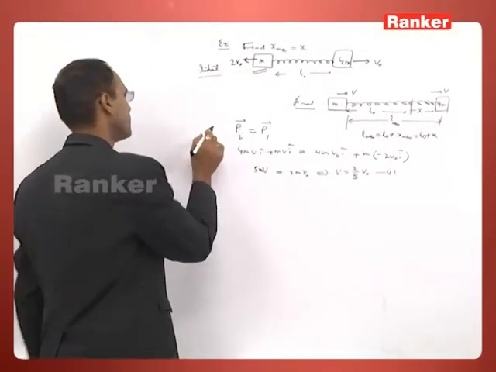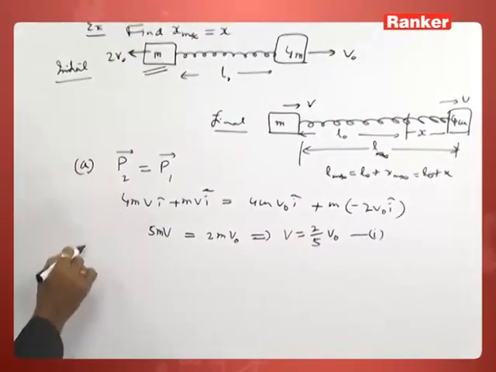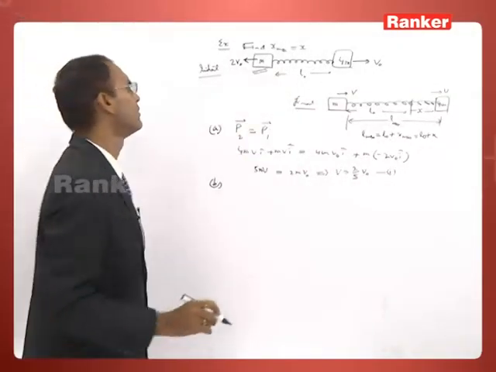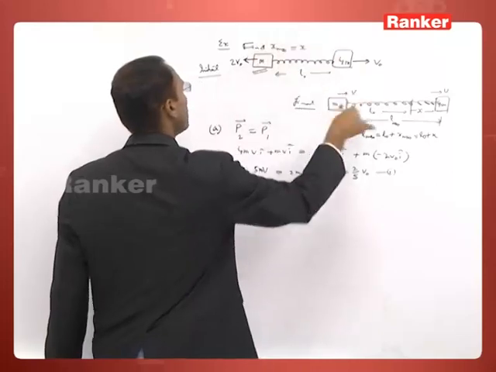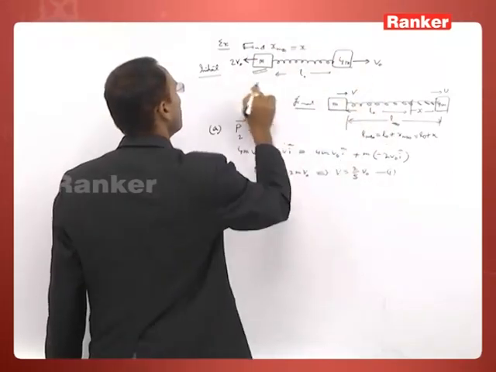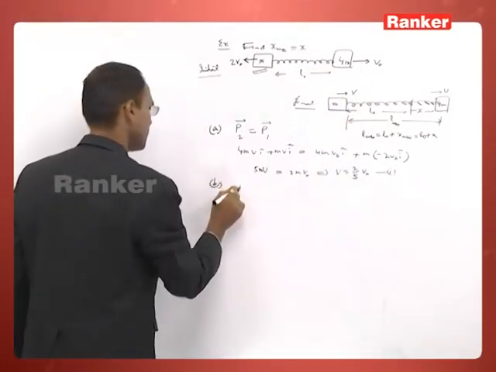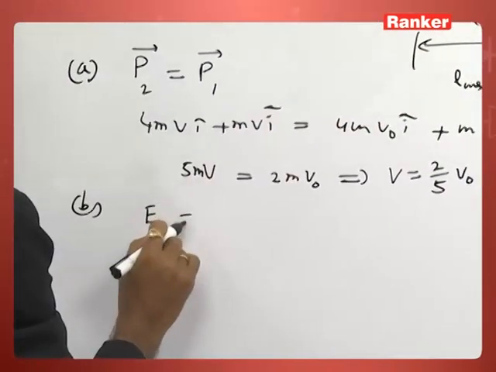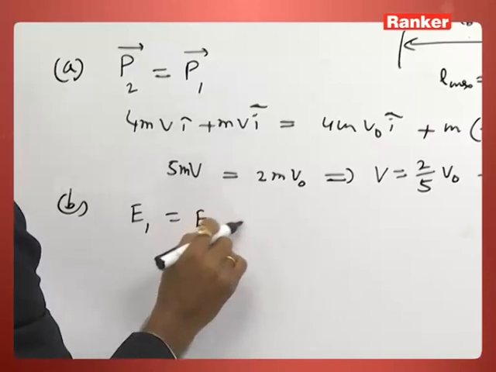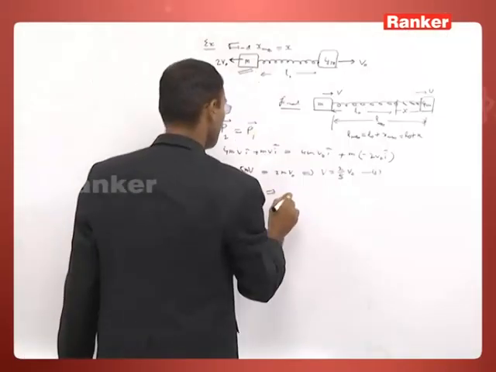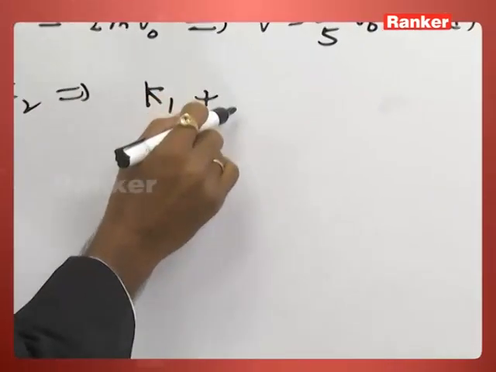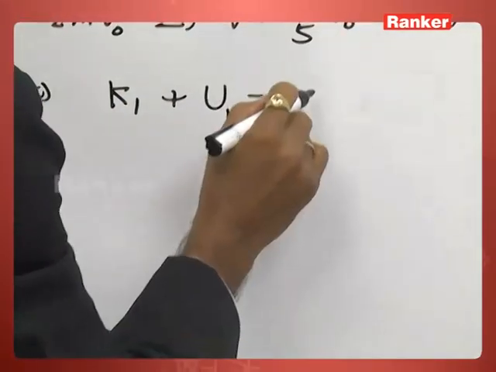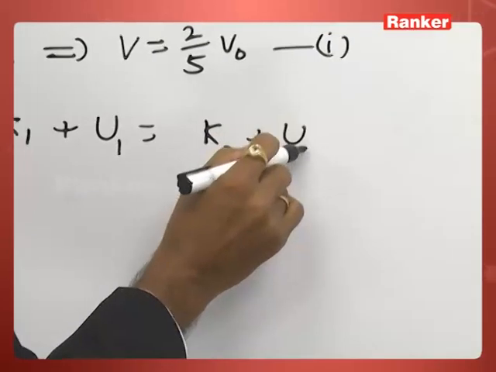The next principle is conservation of energy between these two positions. Here the total energy is E1, here the total energy is E2. Here E1 is equal to kinetic energy plus potential energy.